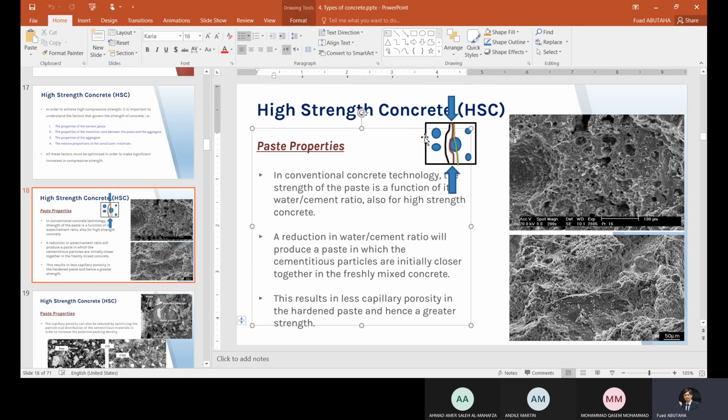So here you need to know how to improve. We need to improve the three parts in the concrete.